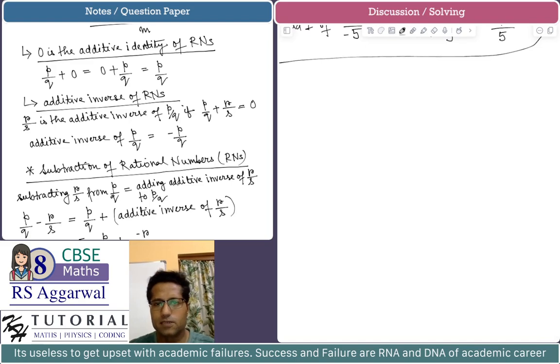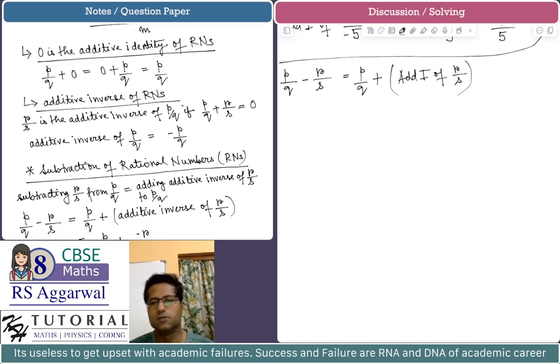So when we subtract a rational number, let's say we have to subtract the rational number r by s from the rational number p by q, this is nothing but we add the additive inverse of the rational number that we are subtracting, that is the additive inverse of r by s.